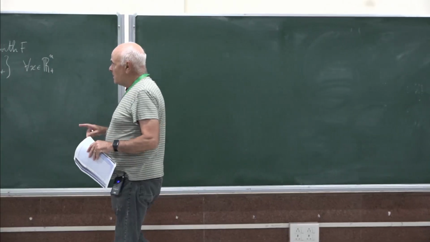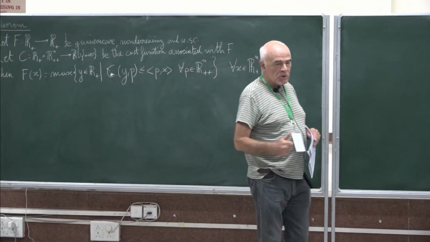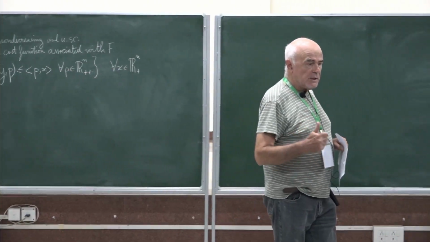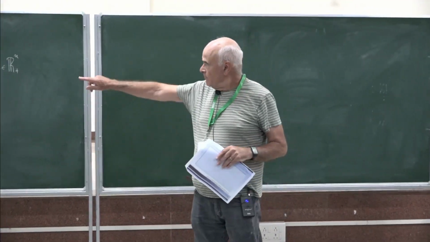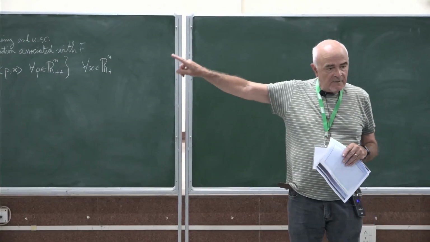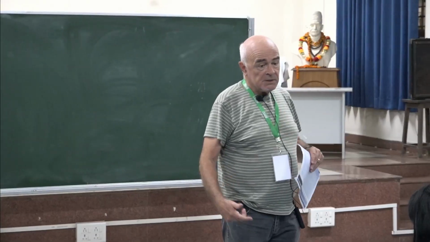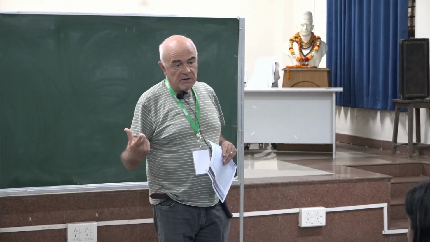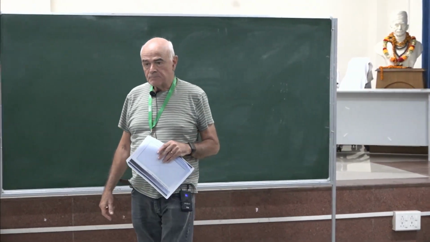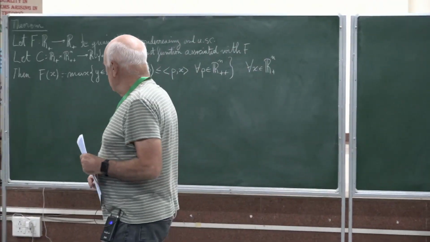But now we are saying more, that if the original production function is quasi-concave, non-decreasing, and upper semi-continuous, this formula that we applied yesterday will give you exactly the original production function. And this is what happened yesterday with the Cobb-Douglas example. Is the statement now clear? Okay.